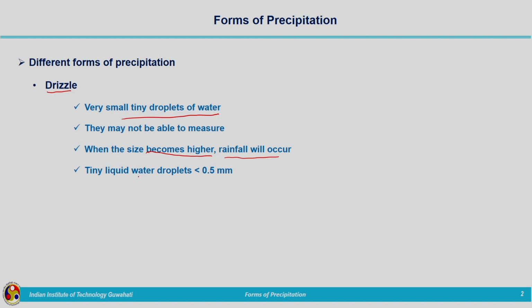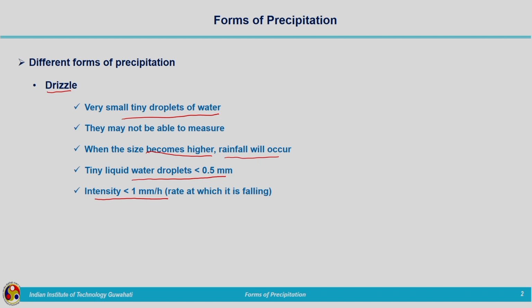The size of these liquid droplets in the case of drizzle is less than 0.5 mm. That is why it is floating in air, and the intensity of drizzle will be less than 1 millimeter per hour. That itself makes the measurement or estimation of the quantity very difficult.